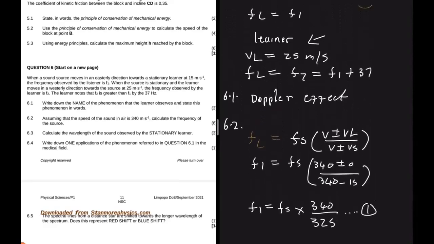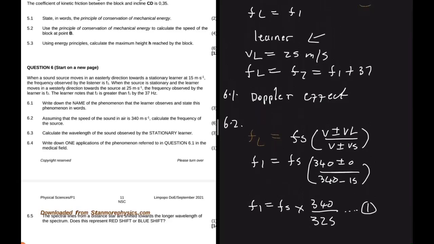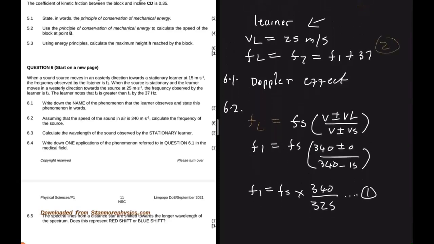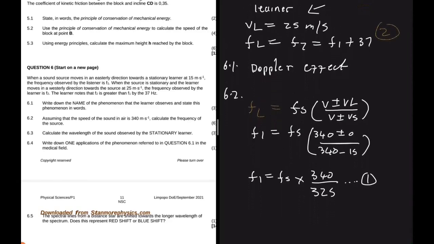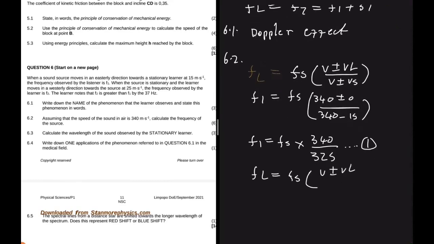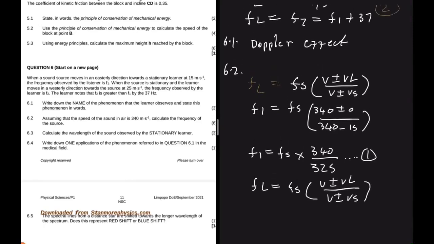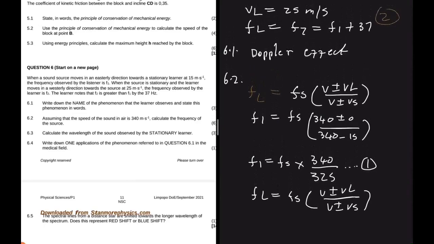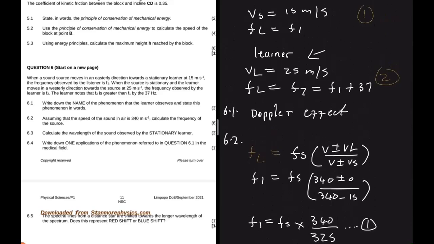Now let's come to our second scenario, when the learner is moving towards the sound source. Again, we have FL equals Fs multiplied by v plus or minus VL divided by v plus or minus Vs. What is FL? We are told that when the learner is moving towards the sound source, FL equals F2, and F2 is F1 plus 37.